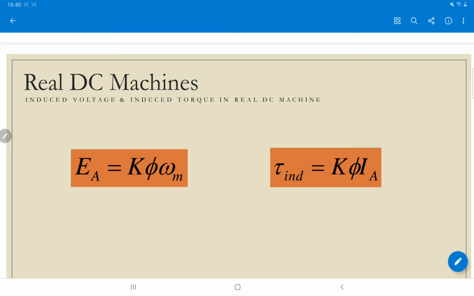If you have a higher current supplied to the rotor, you will have higher torque, given that the magnetic field density is constant. And if you have higher speed, you will have higher induced voltage. That is kind of a given, or logic, if we want to operate our electrical machines.